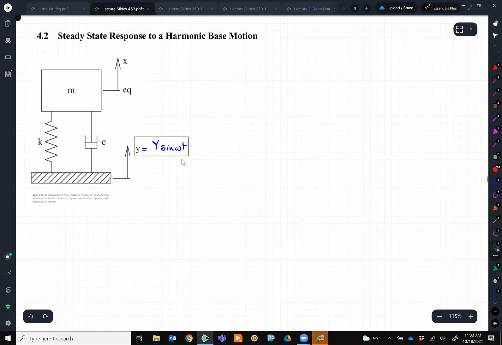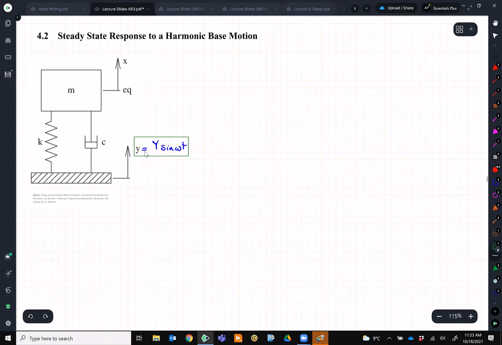For now, we'll just focus on harmonic motion, but soon you will be able to solve problems when this y can have any function. But now, just for understanding the concepts, we rely on harmonic motion.